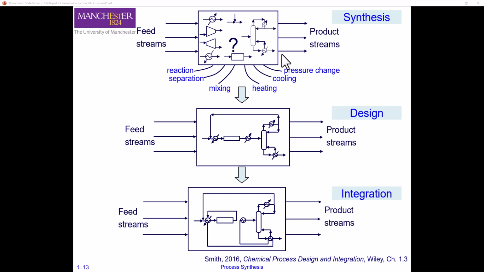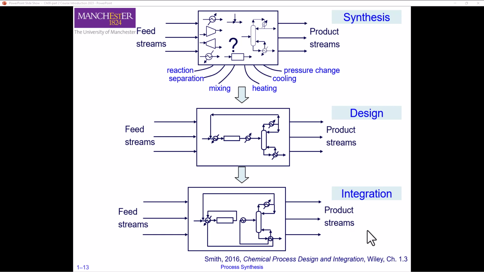Once we have our finalized or configured flow sheet, we start looking into design. In the design of our process, we look at what size and cost of equipment we need, and we can change the operating conditions towards identifying the best possible performance.